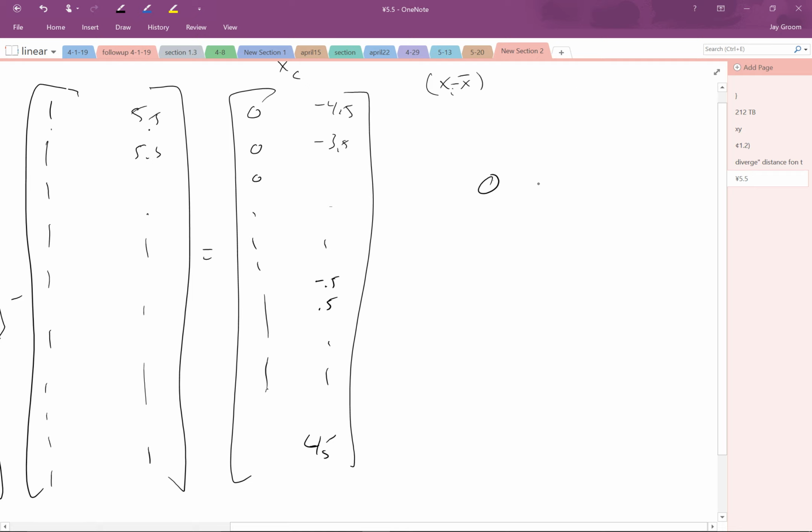What you're going to get is the sum of squares. And then on the next one down, you get 0 times that again. Actually, this should have been a 0, and this should have been a 0 as well. And then, of course, we divide by the number of observations, in this case 10.